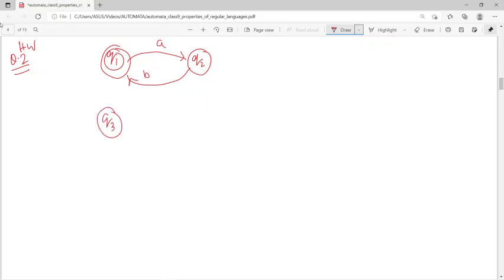Okay, so the thing is that I am just giving these for you to work out and show me in the next class. Say this is q1, and if this is q2, we know that is a, and that is b, and say this is q3 and this is q4, and a b, and this is a, and this is b, and that is a.